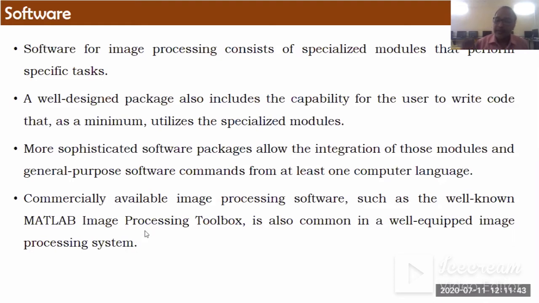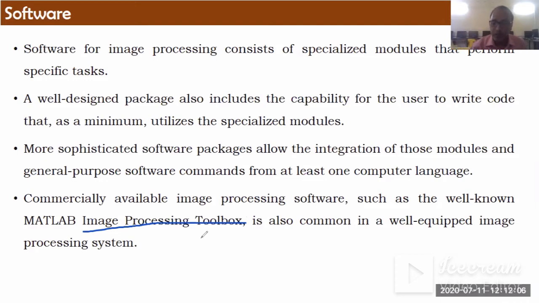MATLAB is a mathematics-based software, but in MATLAB there is one important toolbox, the image processing toolbox. By using this toolbox, we can do different types of image processing tasks. There are lots of functions available, and by using those functions we can do different tasks. So this is software.